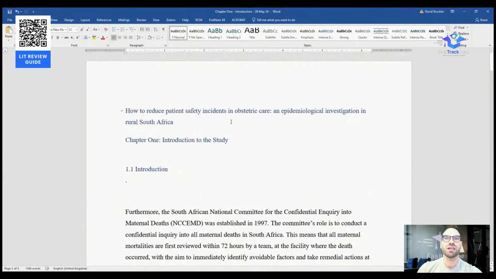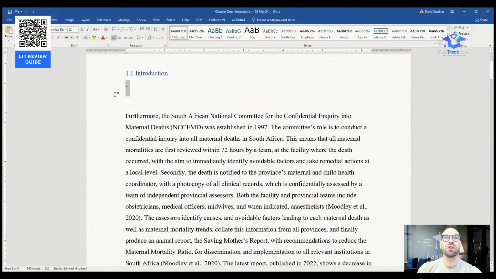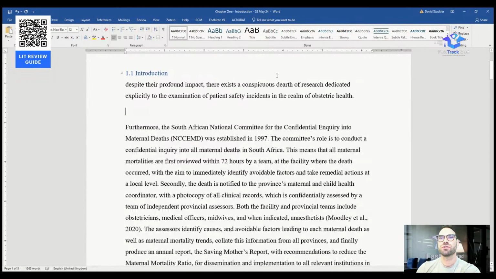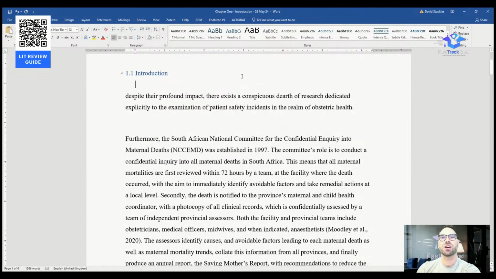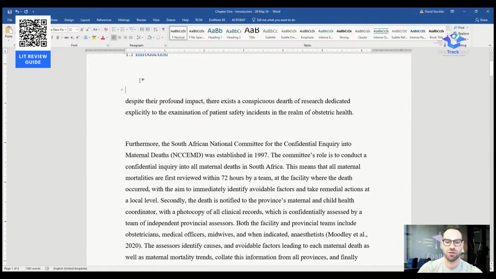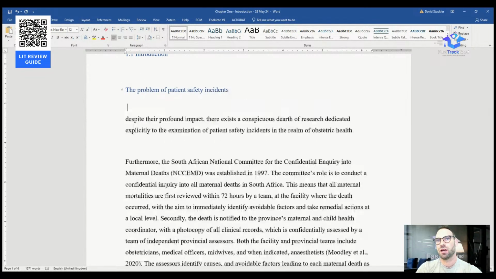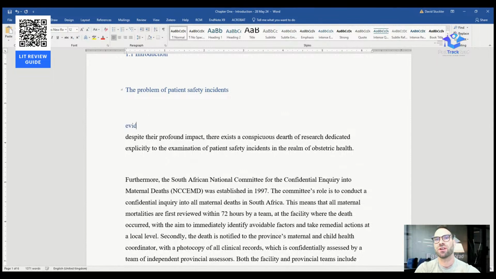So what do you need to do to get to this gap? Well, in your outline, I would go ahead and talk about patient safety incidents, the problem of patient safety incidents. And then I would get into evidence of what is being done about them, working or not.